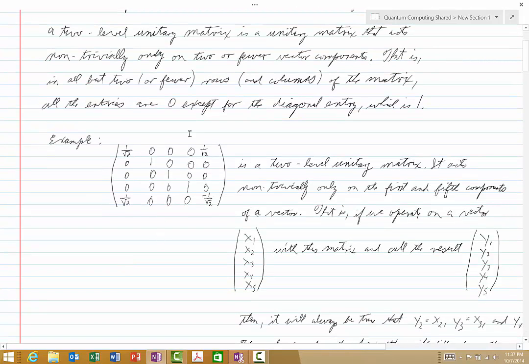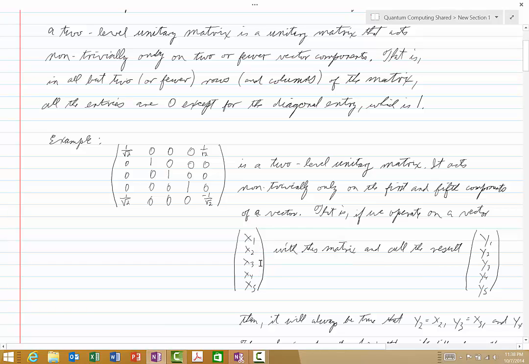If you use this matrix to pre-multiply this vector x with components x1, x2, x3, x4, and x5, and you call the resulting vector y with components y1, y2, y3, y4, and y5, you'll see that y2 is equal to x2, y3 is equal to x3, y4 is equal to x4.